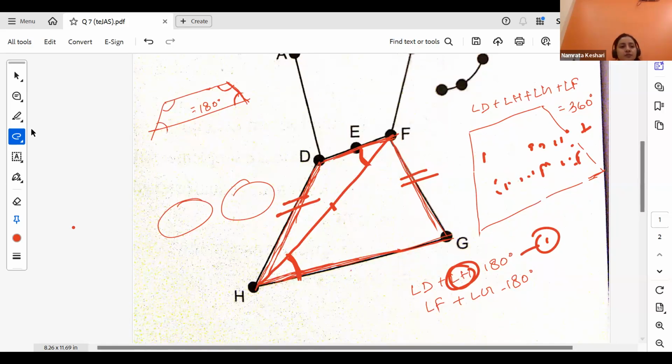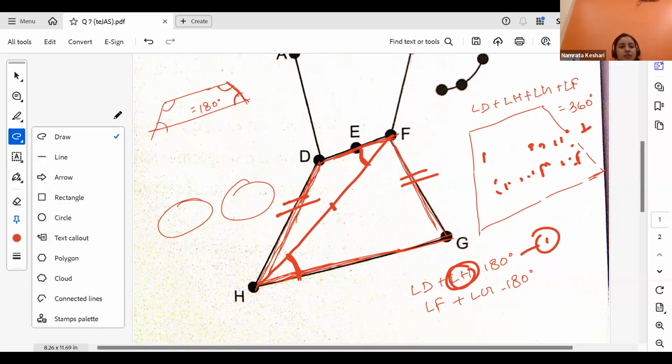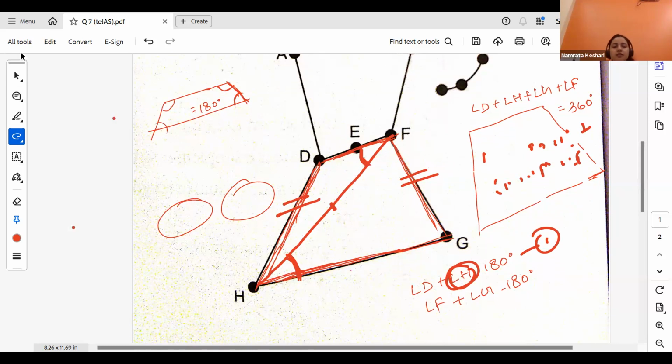Okay, just a moment. Even if these two angles become the same, still we are not able to say these two triangles are congruent.